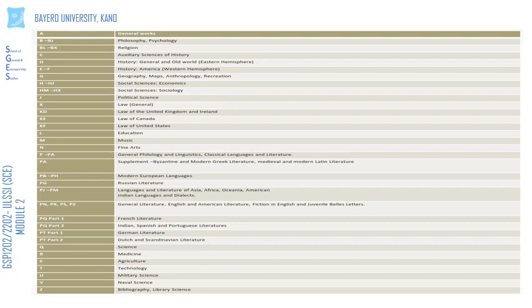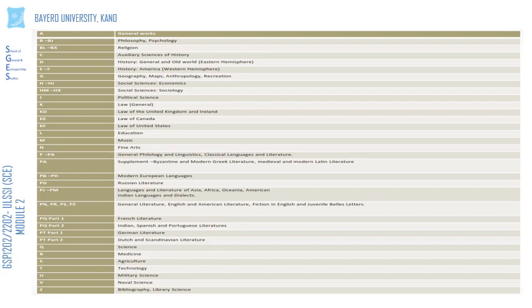We have PA supplements. These are the modern Greek literature, the medieval and modern Latin literature. We also have PB to PH, which are the modern European languages, PG the Russian literature, PJ to PM languages and literature of Asia, Africa, Oceania and American Indian languages and dialects.